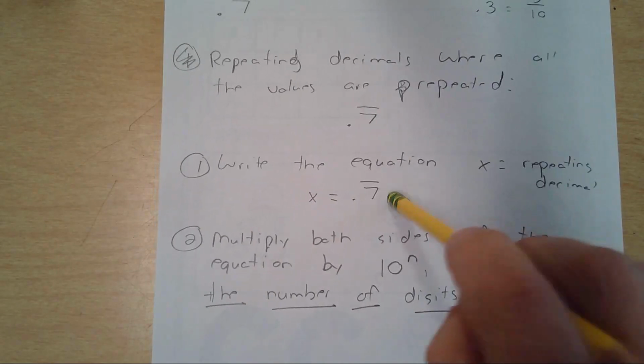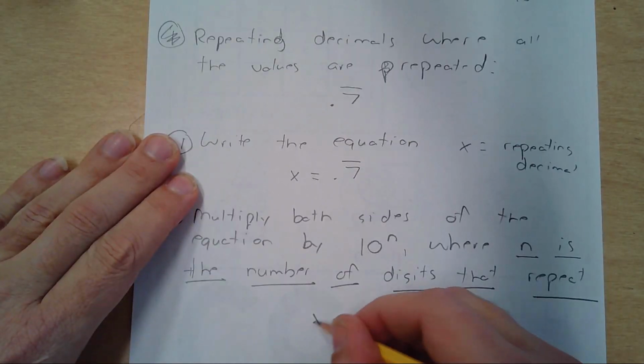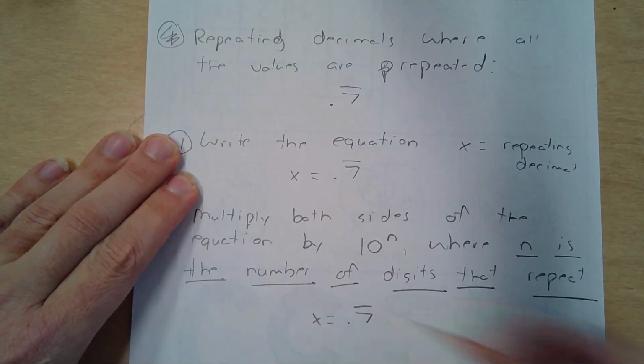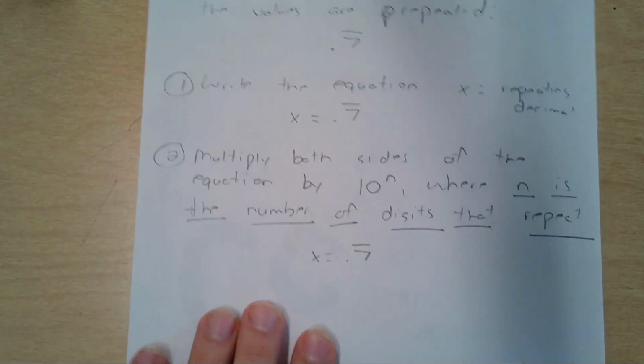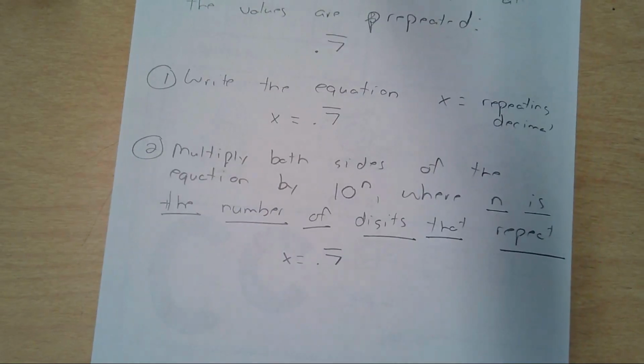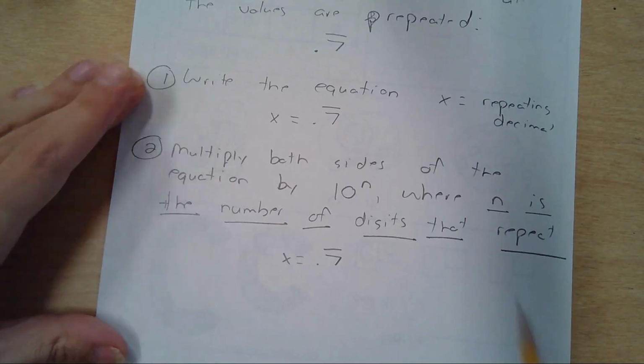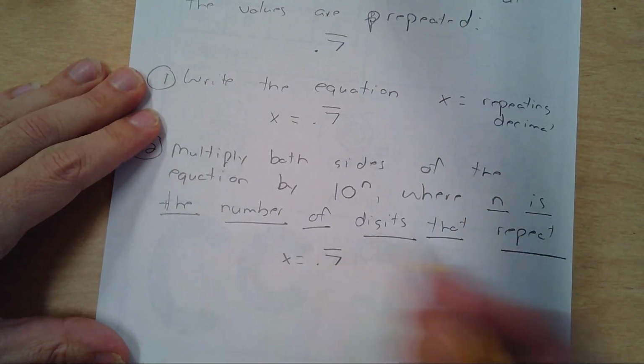So keep this equation, but we're going to be making a second equation now. So here was my first equation, and I would rewrite it. Now, how many decimal spots are repeating? One. There's only one number that repeats, the 7. So n is 1.